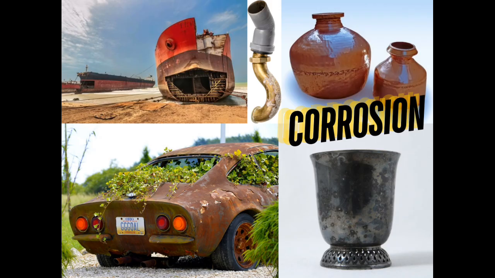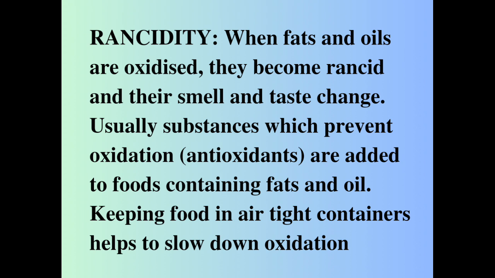Now look at the pictures. That ship is rusting and the car body is rusted, and corrosion of copper and corrosion of silver you can observe clearly. Next is rancidity. When fats and oils are oxidized, they become rancid and their smell and taste change.